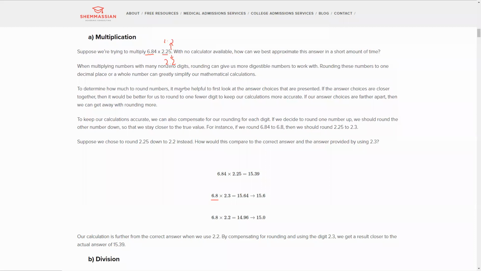And here's the important part. With 6.84, if we round it to 6.8, are we rounding that number up or down? We rounded this down. If we rounded this down, should we round our other number up or down?